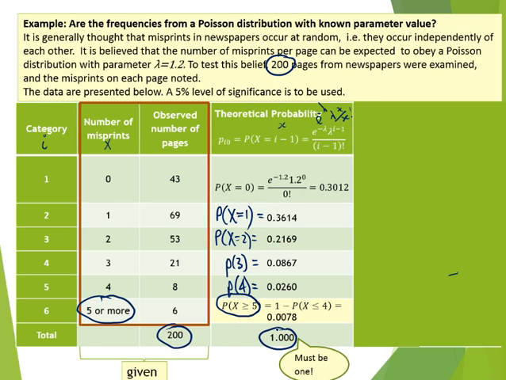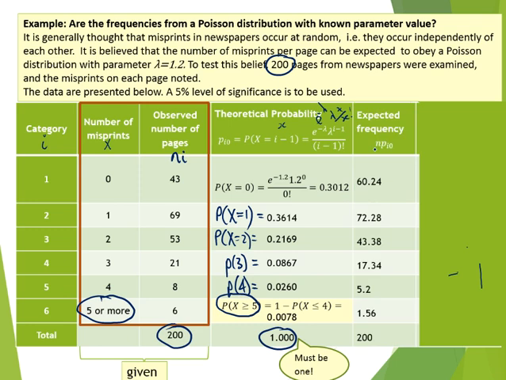Next step then is to get your expected frequencies. You have your observed frequencies, these are your Ni's, and now you have to get your expected frequencies. Those are N, 200, times the probability in each category. Category 1, category 2, and so on. So here you have 60.24, which is 200 times 0.3012.